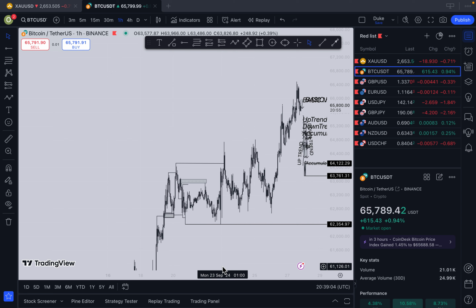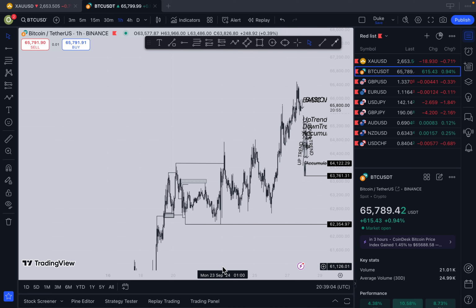We will not acknowledge it because there is a low here. So we call this our higher high, then our higher low, then our higher high because it broke it. Then where do we call our higher low? We'll call this our higher low.